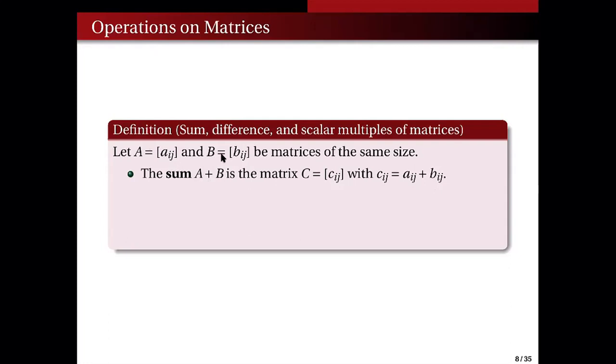The difference, A minus B, is a matrix C with entry Cij, where Cij is just the difference, Aij minus Bij. So entry-wise subtraction. Same as the sum here, entry-wise addition. Here we have entry-wise subtraction.